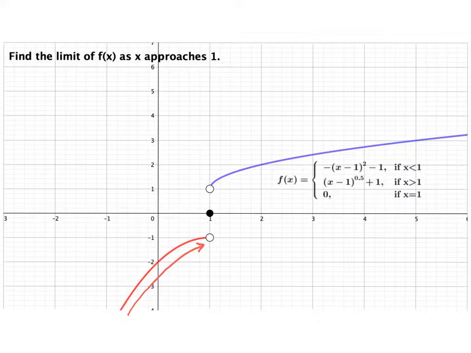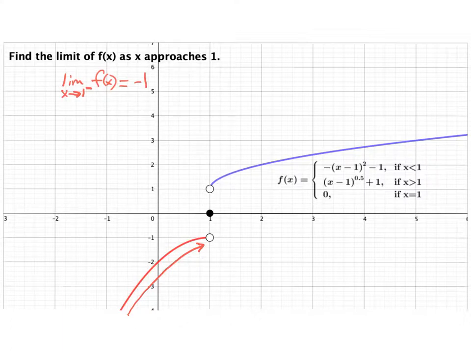So we would write that the limit as x approaches 1, and remember we use the negative for values of x that are less than 1, of f of x equals -1. We're approaching -1.